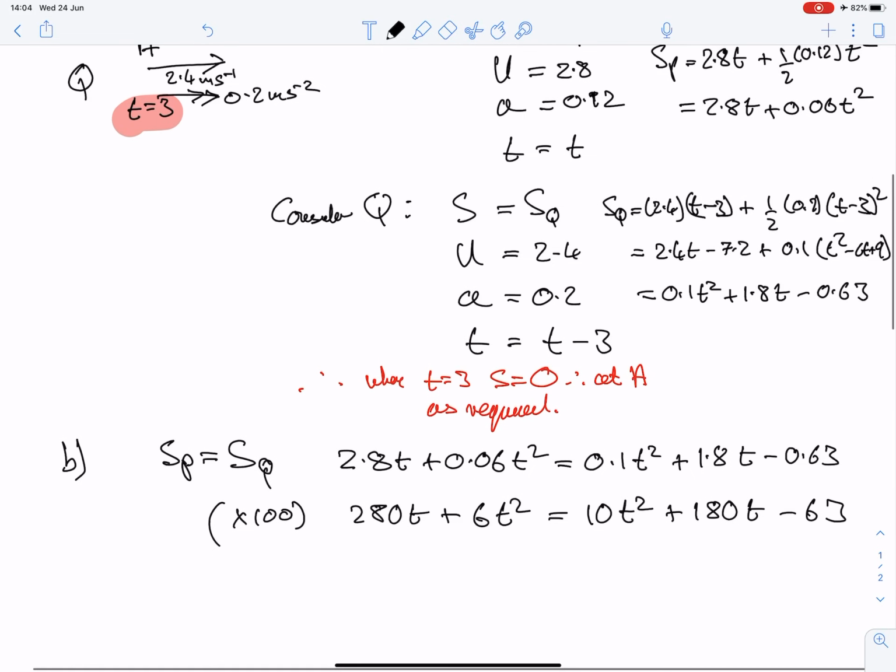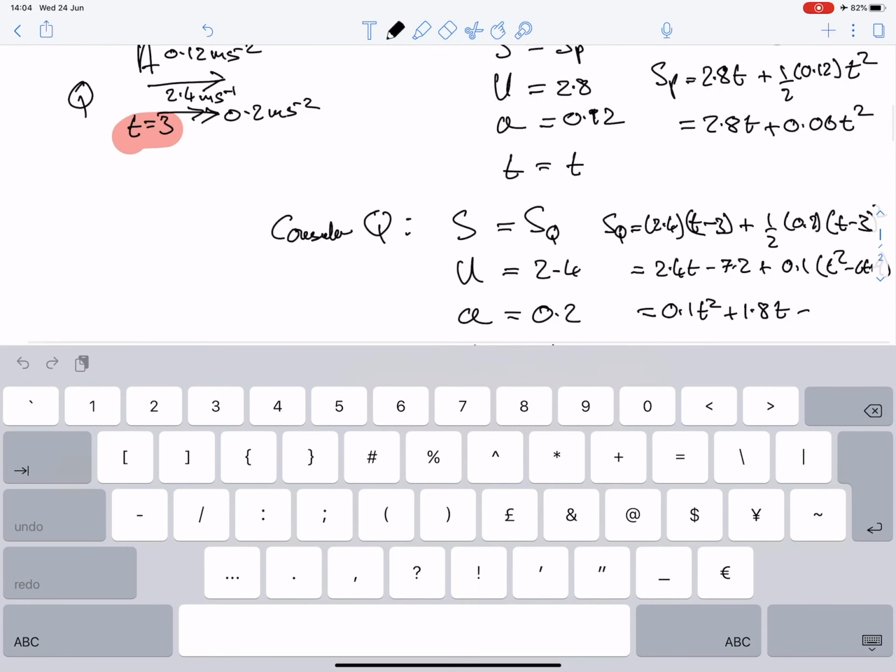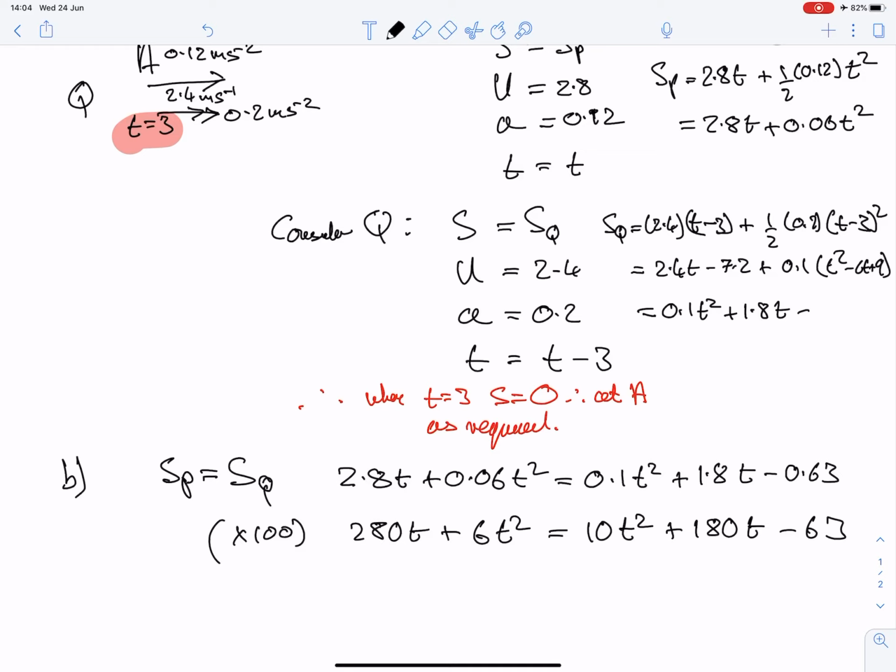That's worrying me. It's not 0.63 there, is it? It's 6.3. Sorry. It's minus 6.3 because it's 7.2 minus 0 plus 0.9.